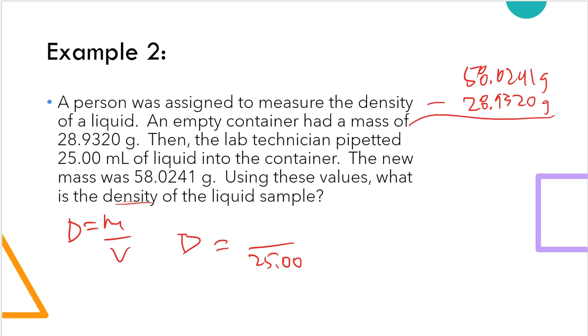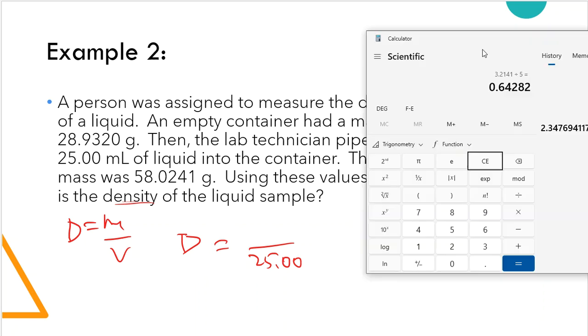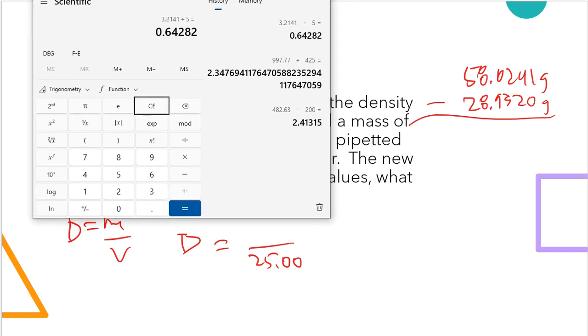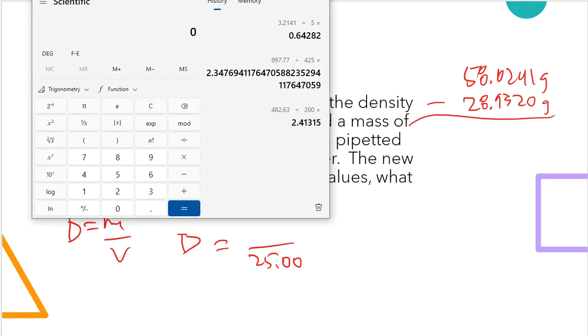The 58 value is the cylinder plus my stuff. And the 28 number is just the cylinder on its own. So I need to subtract those two values in order to get the mass of the actual liquid. That was the little trick in this problem. So 58 is not the total mass of the liquid only. 58 is the liquid plus the cylinder.